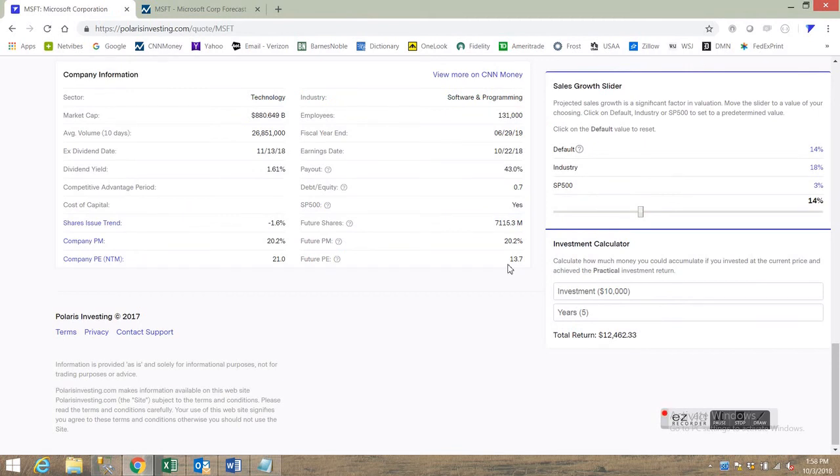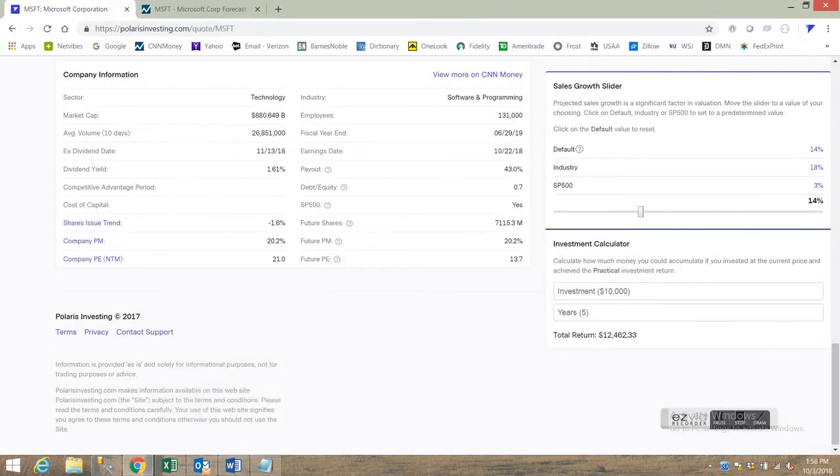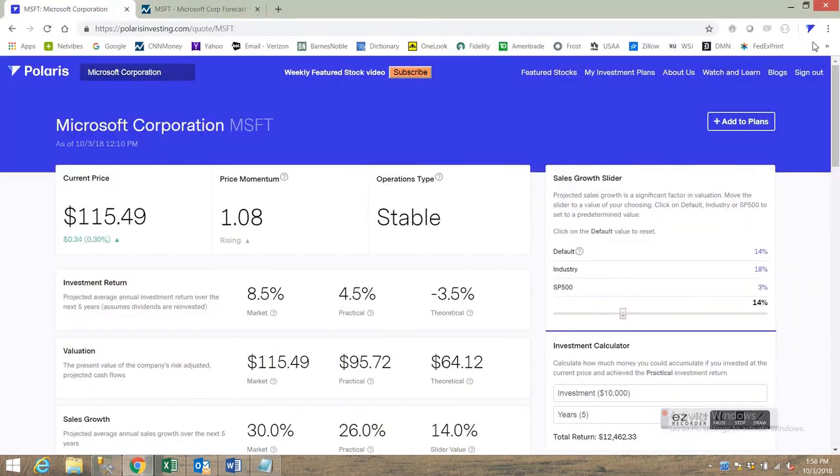So let's look at what 21 divided by 13.7 is. 21 divided by 13.7 rounds up to about a 60% increase in valuation. So again, back to the formula: if we assume a different future PE, you divide out the current PE, multiply by the new PE, and so the ratio of new to old is just multiplied by the current valuation.